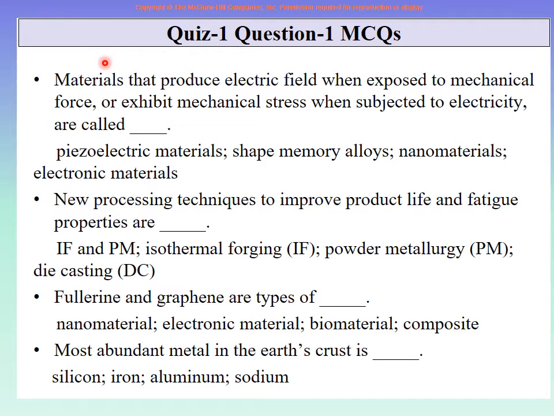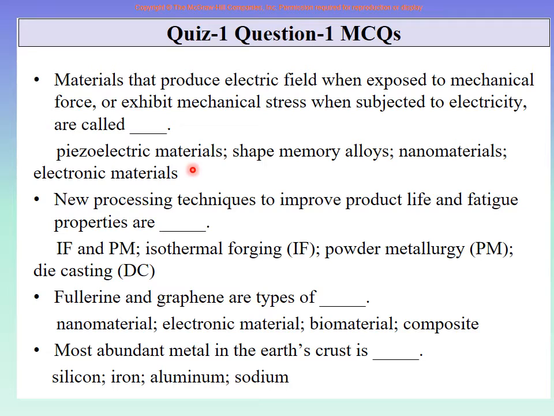Don't read the answers. Materials that produce electric field when exposed to mechanical force or exhibit mechanical stress when subjected to electricity are called: piezoelectric materials, shape memory alloys, nanomaterials, electronic materials.